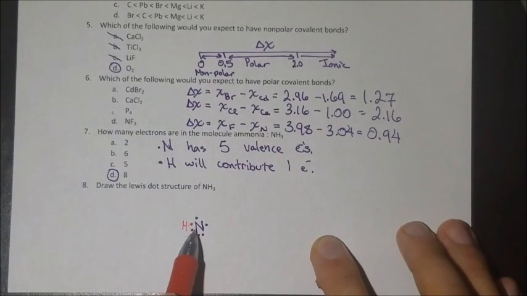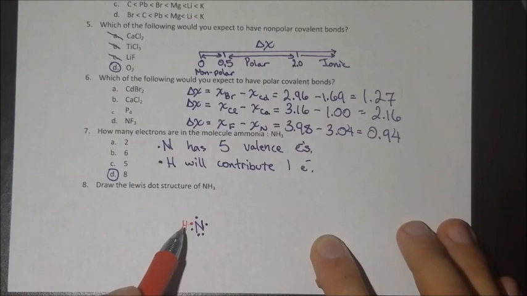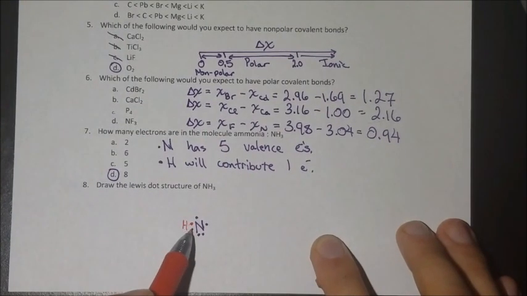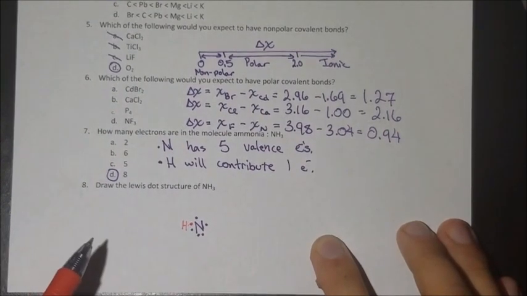And together, the nitrogen electron and the hydrogen electron are going to be a pair of electrons that covalently, meaning that they are both in the valence shells of each of the atoms, are going to bond the hydrogen together with the nitrogen. So that's what's happening here when we draw the 2 electrons. One of them is coming from the nitrogen, and the other is coming from the hydrogen.